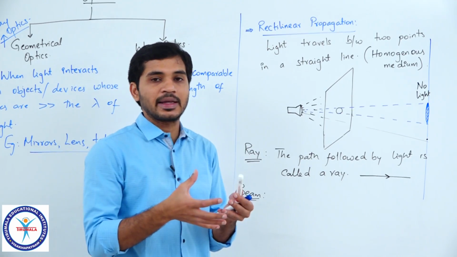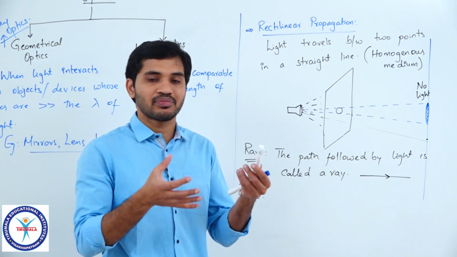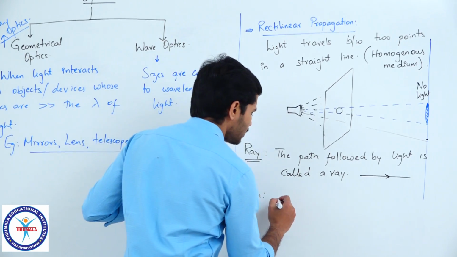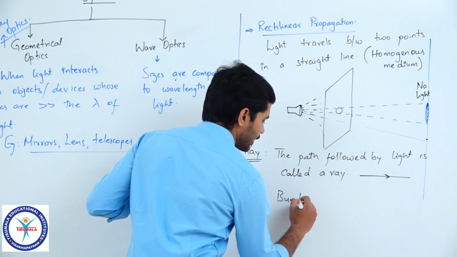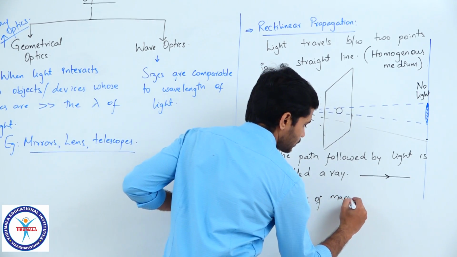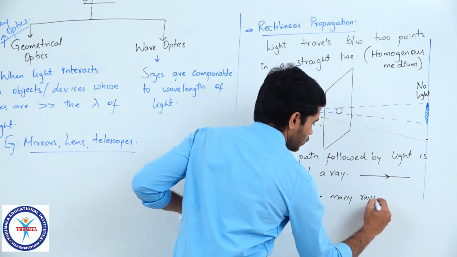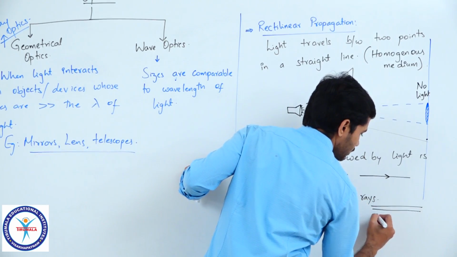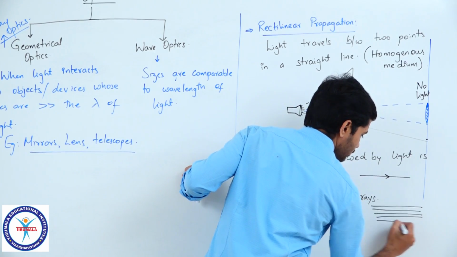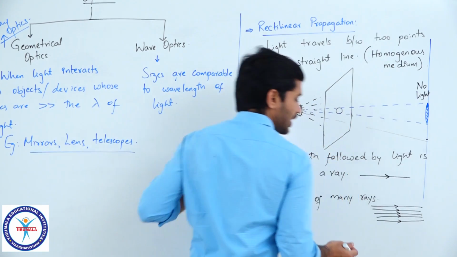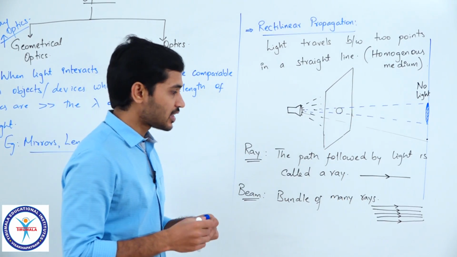That collection of all those rays, that bundle of rays, is what we call a beam. So, a beam is basically a bundle of many rays. We can understand that it is something like this.